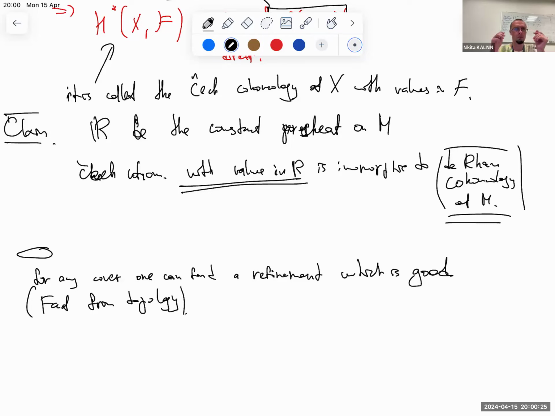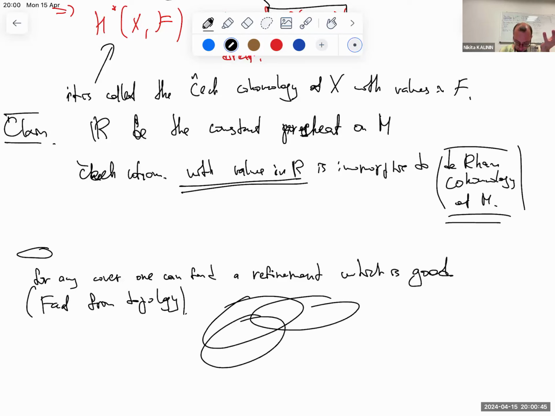You remember how we proved that any manifold has a good cover. We just introduce a certain metric on this manifold and then consider a small disk in this metric. But all the same can be done if you start with a cover.